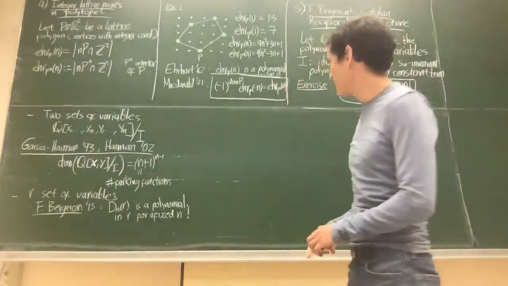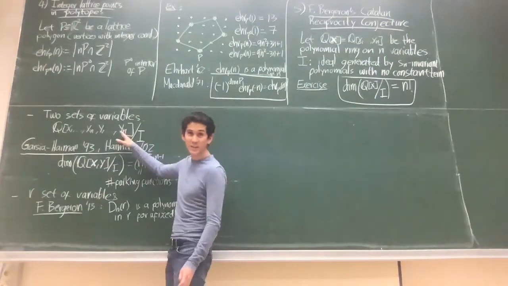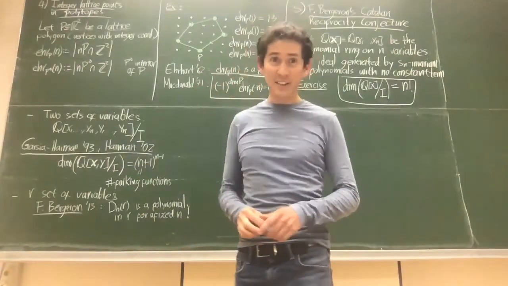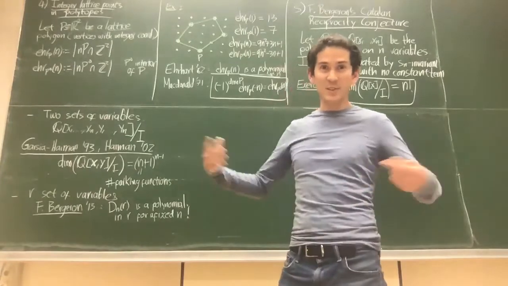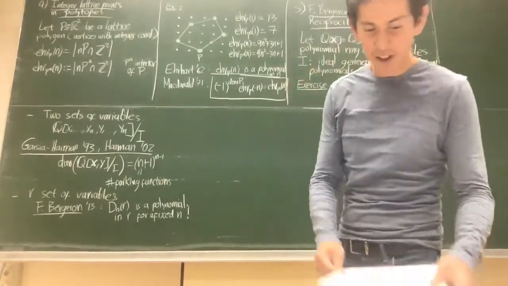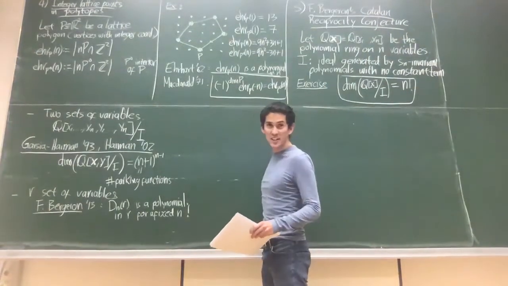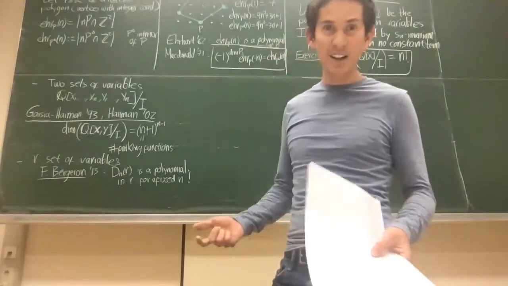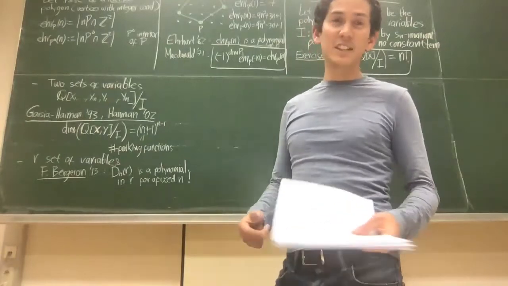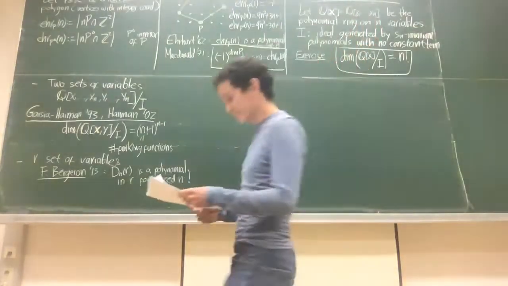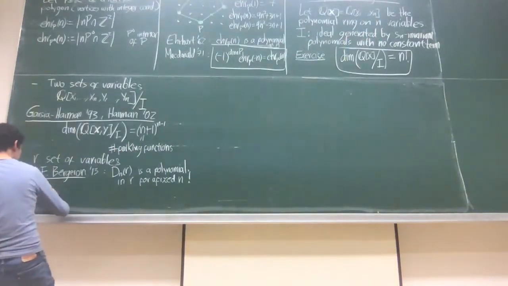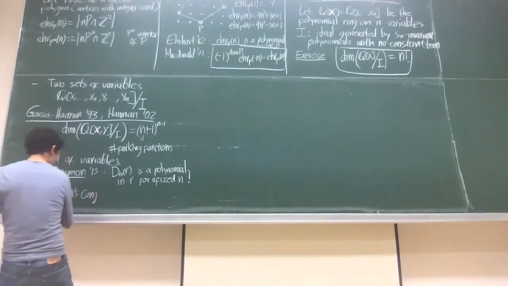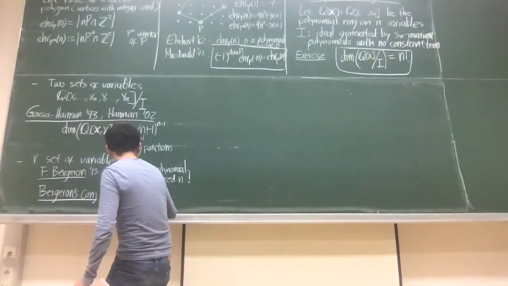Okay, so now I'm doing something completely different. I'm not varying the number n. I just let my n be fixed, and then I start growing the sets of variables. And then this happens to be a polynomial. And Bergeron's conjecture tells that if you evaluate this polynomial at a negative number, something really magical happens. So Bergeron's conjecture is the following.